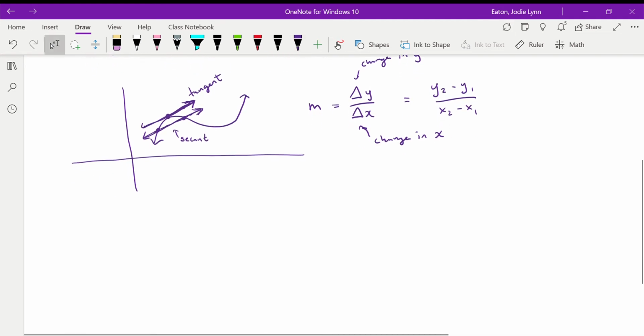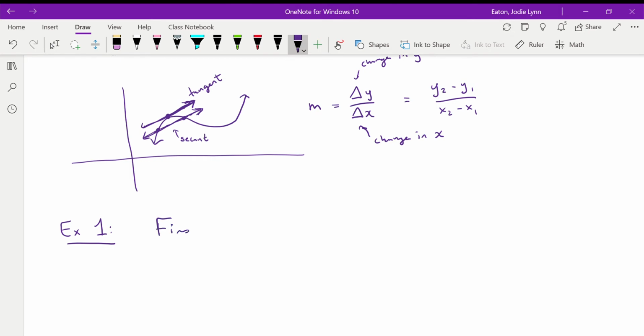Okay, so let's just recall how we find the slope of a line. I'm not just going to find the slope, we'll find the equation of a line through (1, 2) and (5, 3).